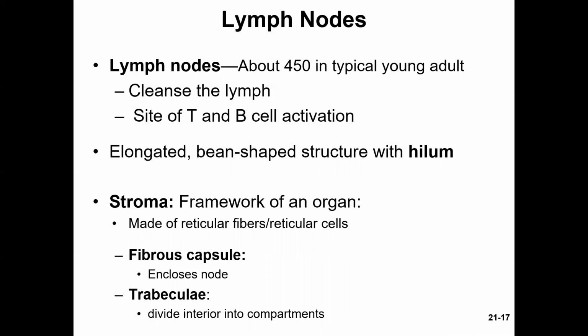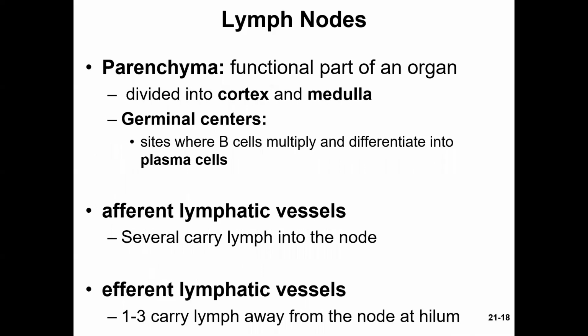It has a fibrous capsule which encloses each node, and trabeculae which divide the interior into compartments. The parenchyma is the functional part of an organ divided into the cortex and medulla. It has germinal centers. This is the site where B cells multiply and differentiate into plasma cells.